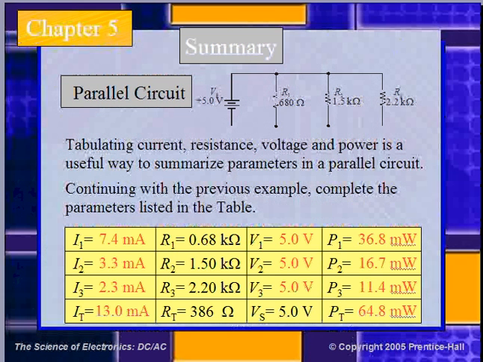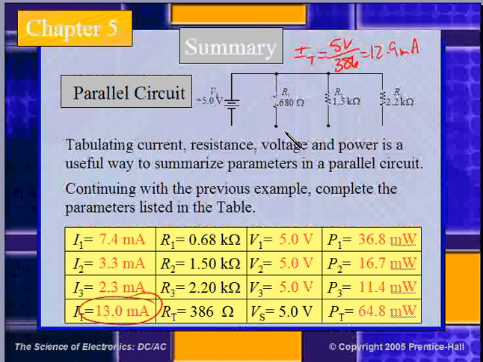Tabulating current, resistance, voltage, and power is a useful way to summarize parameters in a parallel circuit. Continuing with the previous example, complete the parameters list. So we found the total resistance was 386, so my total current is going to be 5 volts over the 386, which is 12.9 milliamps, or 13 milliamps.